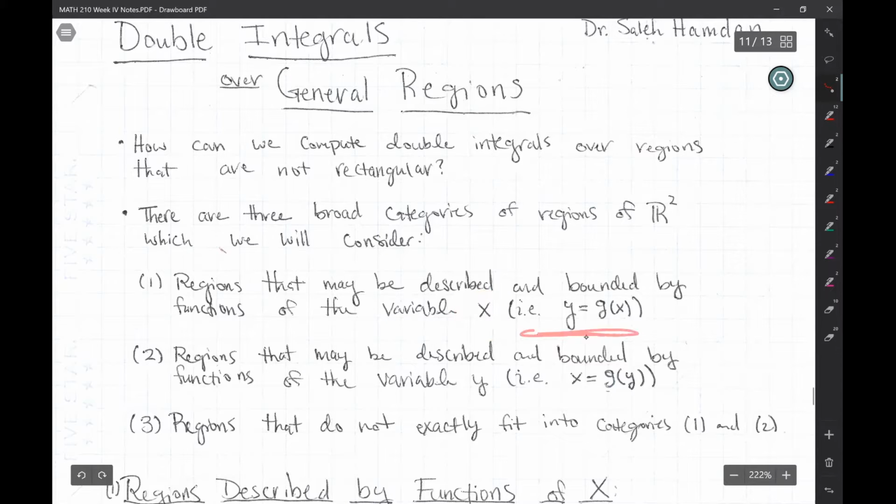So basically we could use equations like y is equal to g of x, so y is some function of x, to bound and describe the region. The second category are regions that are described and bounded by functions of the variable y. So here you have x as a function of y. And the third type of region fits into neither the first nor the second exactly.